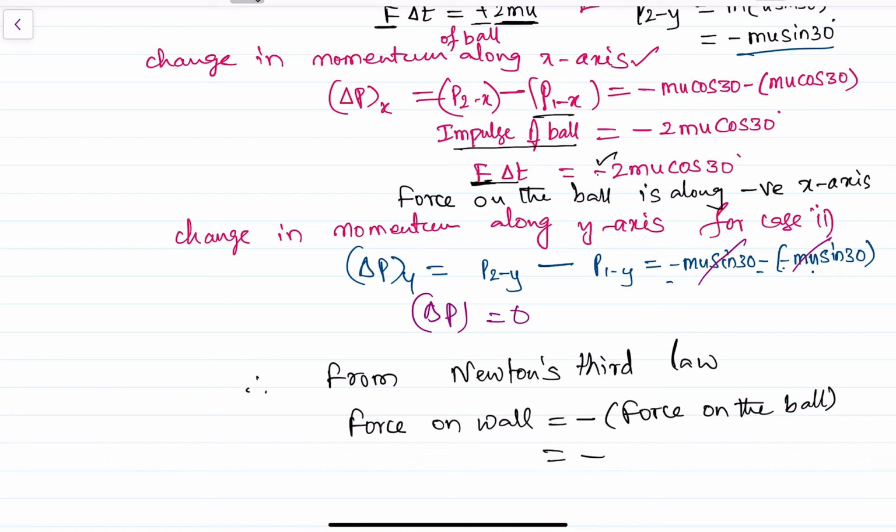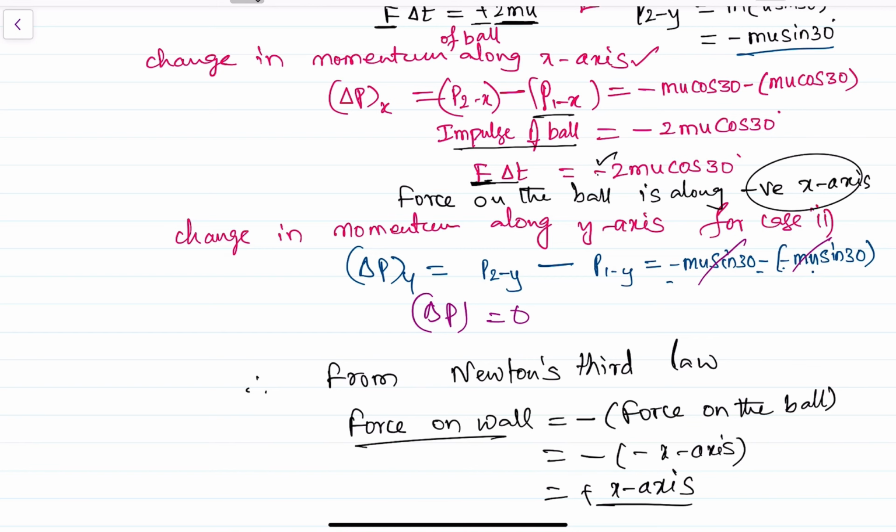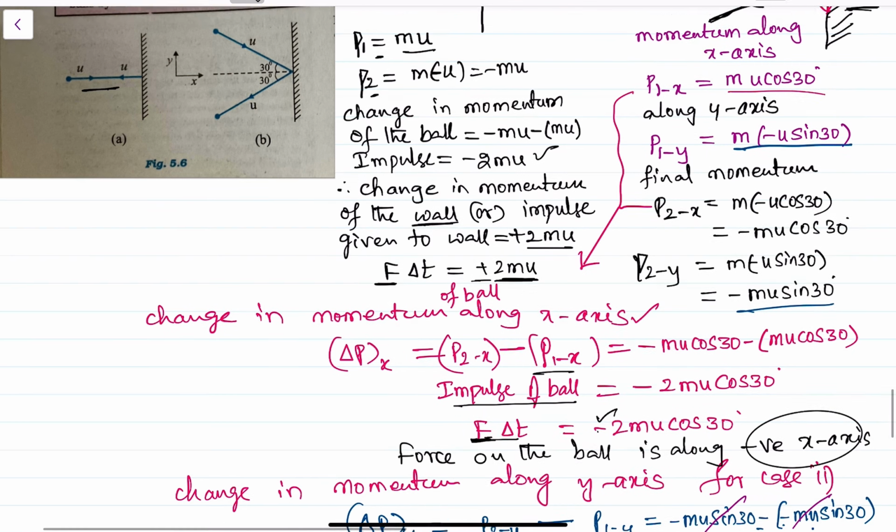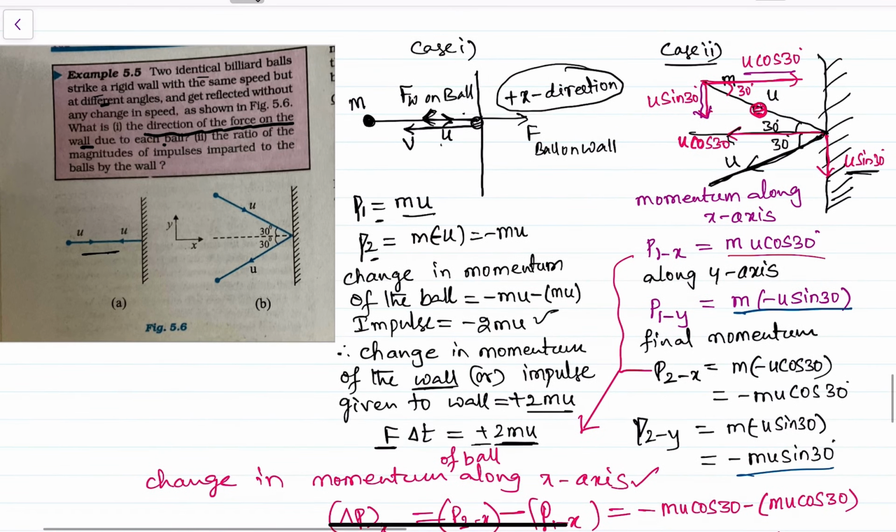The negative of the negative x-axis is the positive x-axis. So the force on the wall is along the positive x-axis in the second case. In the first case we also arrived at the same result. So in both cases, the force on the wall is along the positive x direction.